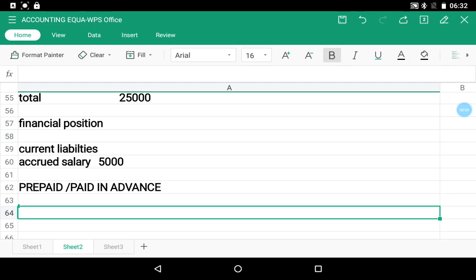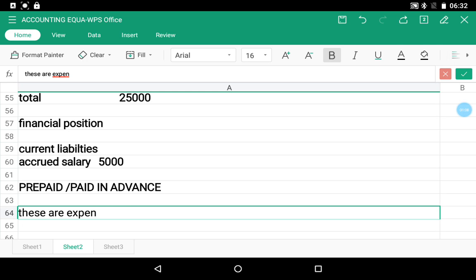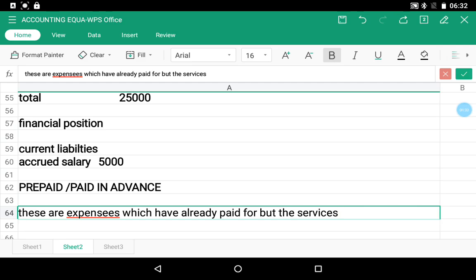Of course, when you talk about paid in advance, these are expenses which have already been paid for, but services are not yet used.